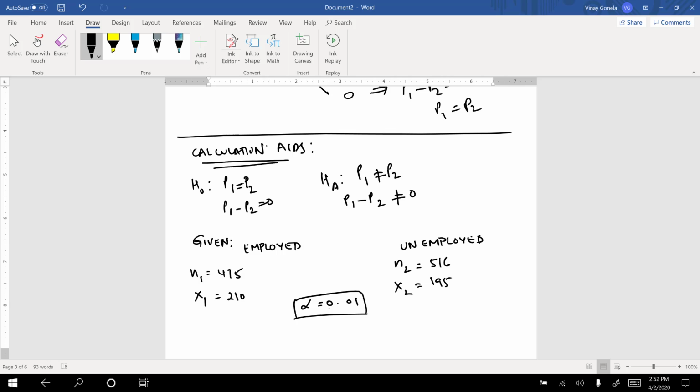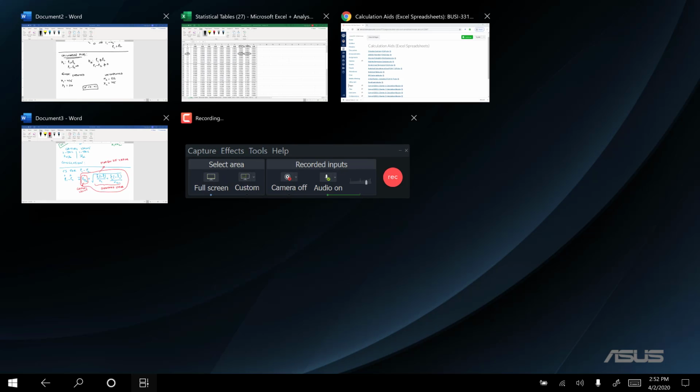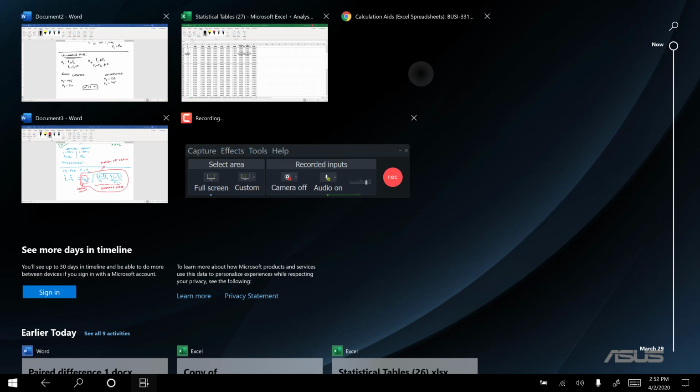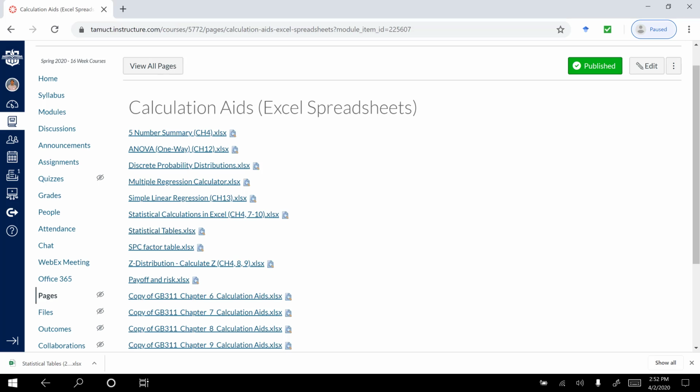So this is the given data, so I will go and key in these values into the calculation aids. The difference between chapter 10 and chapter 11 is that chapter 10 is one sample and chapter 11 is two samples. So you have to understand the difference.